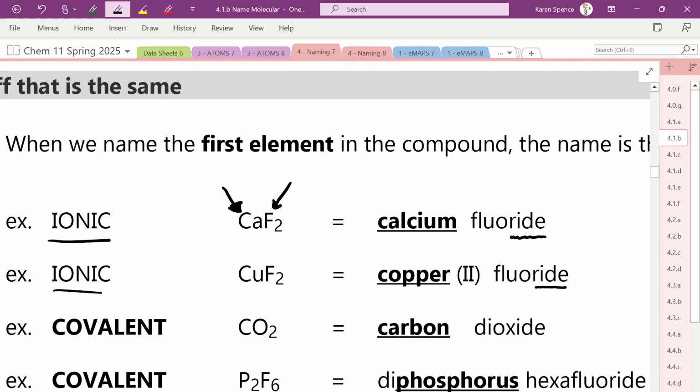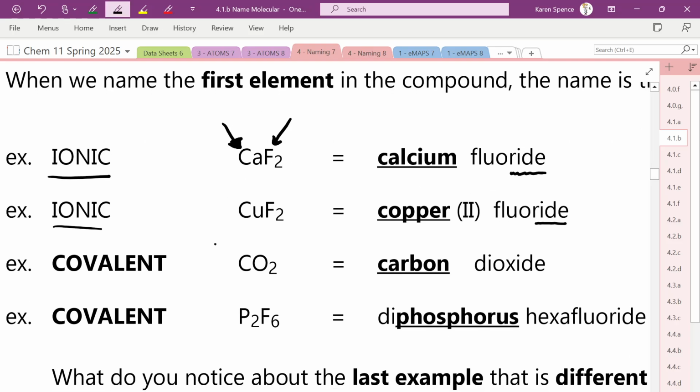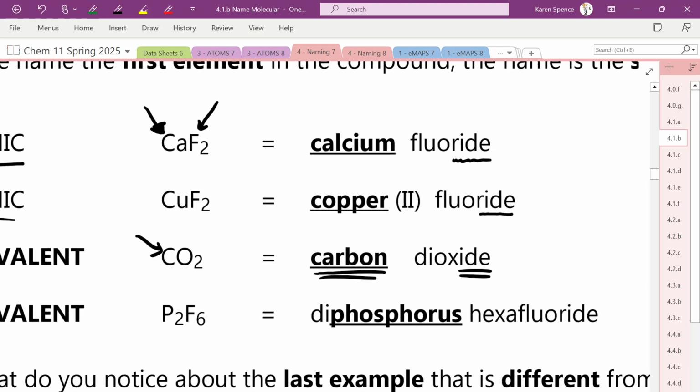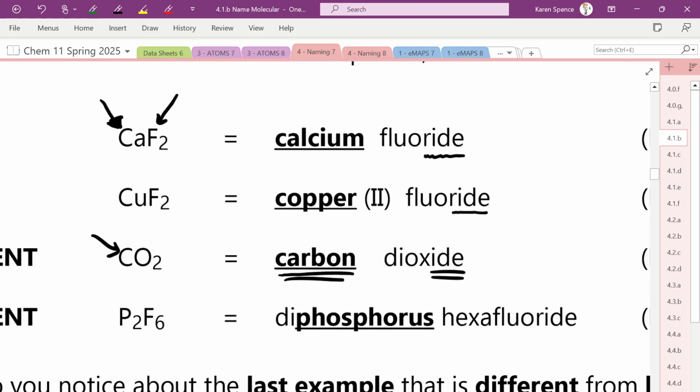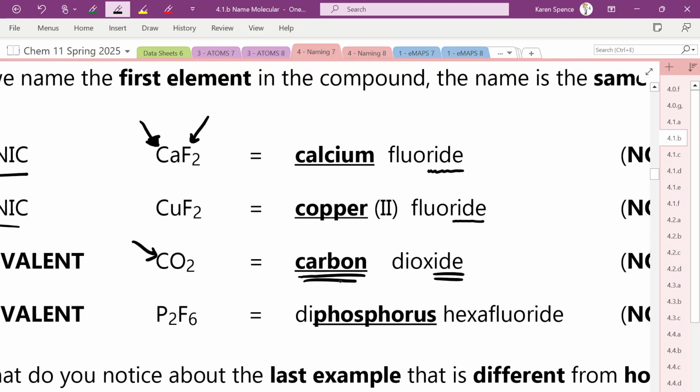Now, covalent is very, very similar. Carbon dioxide. What's staying the same here? The first name does not change its ending. The second name changes its ending.